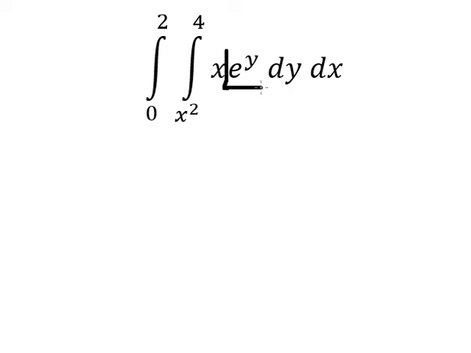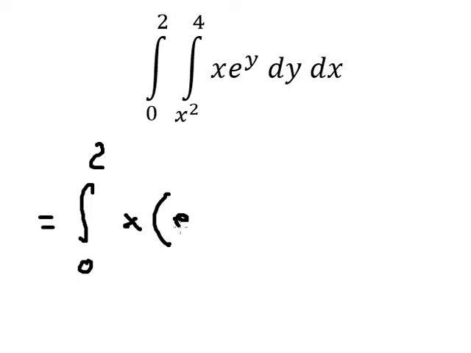The integration of e to the power of y dy in here. So you got e to the power of y. And we put the bounds from s squared to number 4.